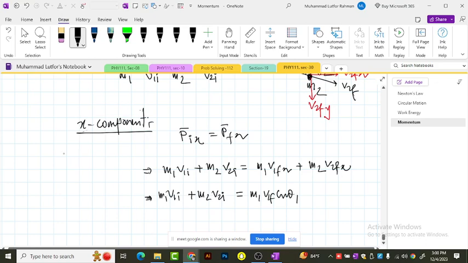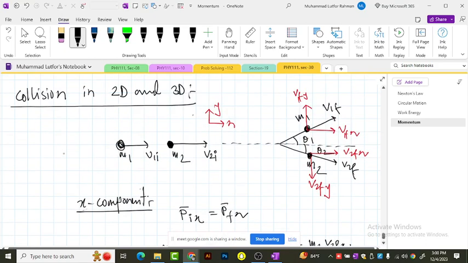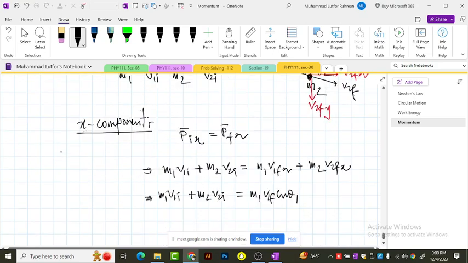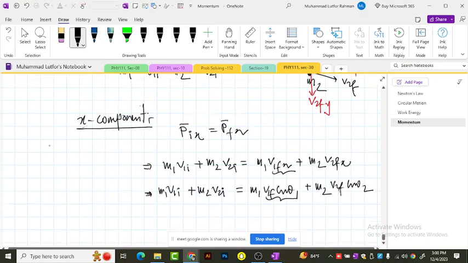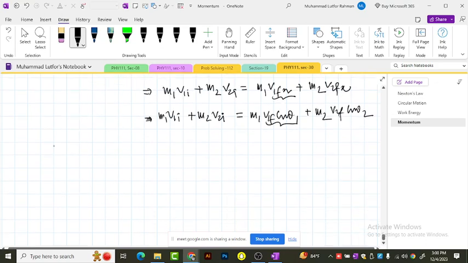I'm taking the component of this velocity, because this is my final velocity v1f that I want to find, and it creates an angle theta 1 over here, so v1f cos theta 1 would simply be v1fx, right? So I'm replacing that part. Instead of v1fx, I'm writing m1 v1f cos theta 1, plus the same thing over here, m2 v2f cos theta 2, right? So this is the x component.